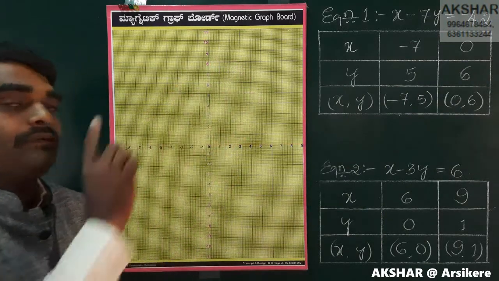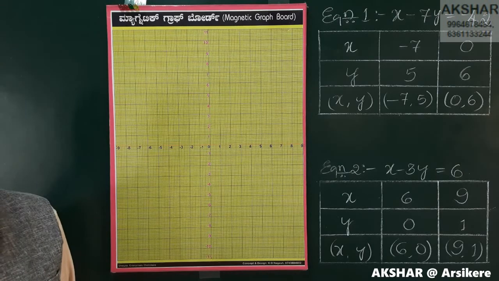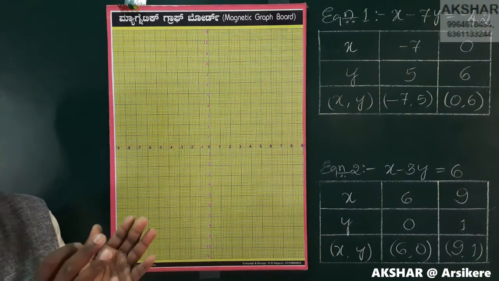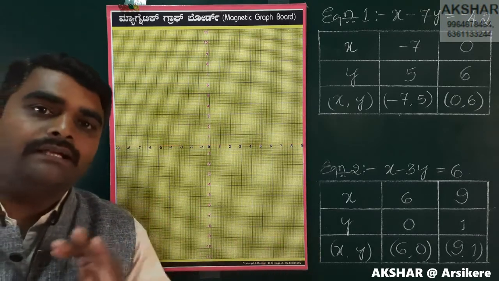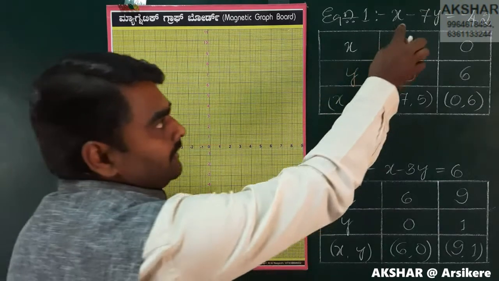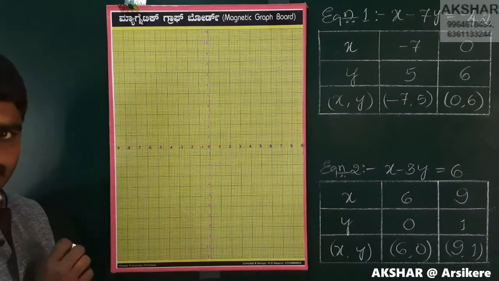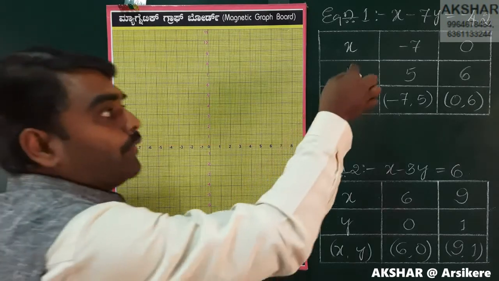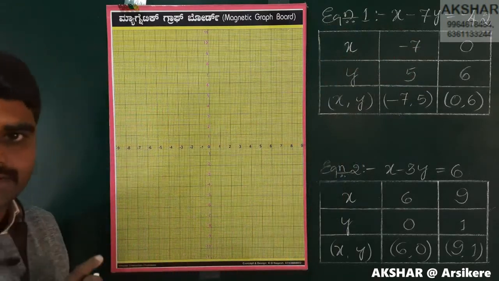This is equation 1 obtained from the problem, right? That problem is based on the relationship of ages between father and daughter. According to this equation, x minus 7y is equal to minus 42, we assumed the values of y and then we obtained the values of x, right?